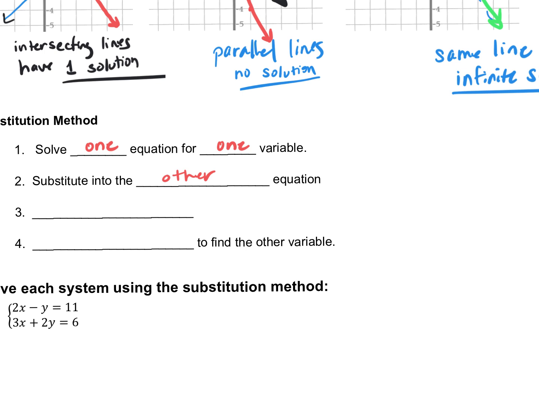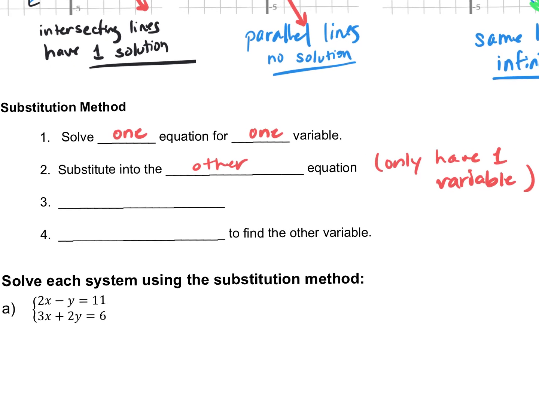Okay, and then the next step is you're going to solve for that variable. When you do this, you should only have one variable, okay? If you have more than one, then either you just missed it or accidentally left that variable in there, but you should only have one variable because you can't solve it if you have 2 of them in there. 3 is solve for that variable.